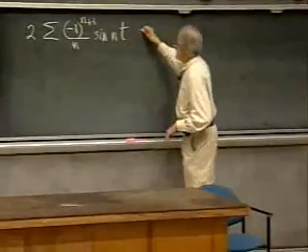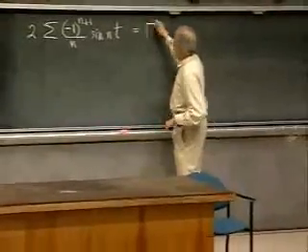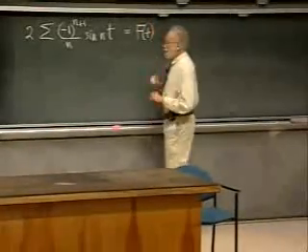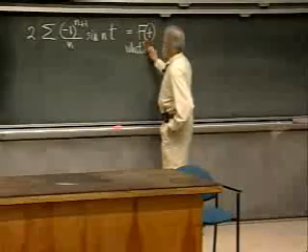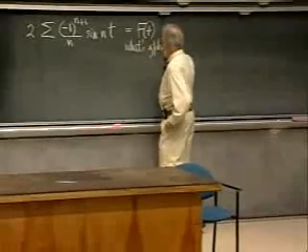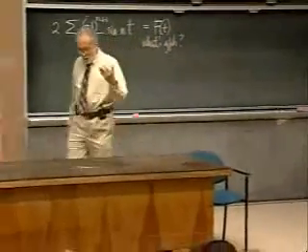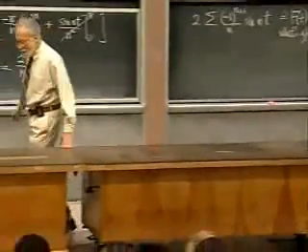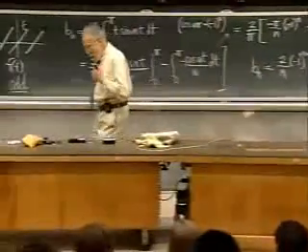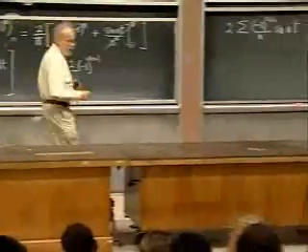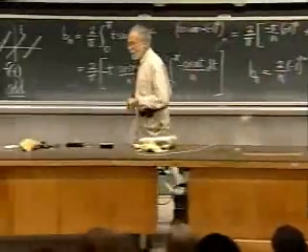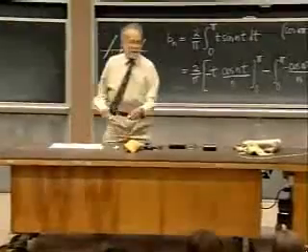Let's call it not little f of t, let's call it capital F of t. I want to know what's the graph of capital F of t. Well, the initial thing is to say, it must be the same as the graph of the function you started with. And my answer is almost, but not quite. Almost, but not quite.